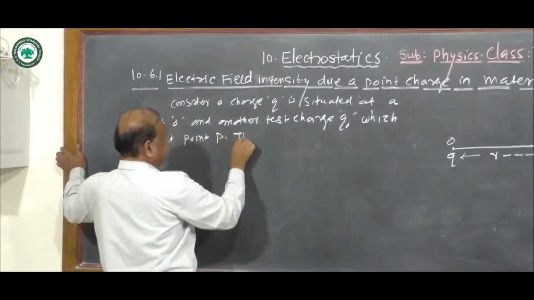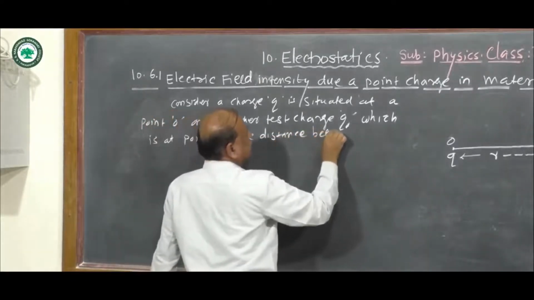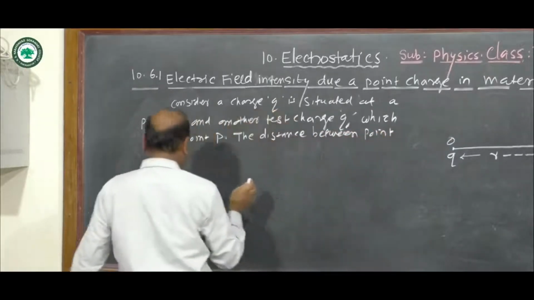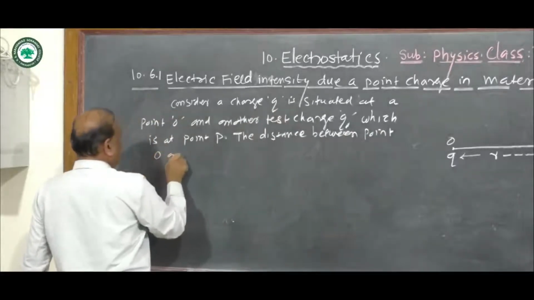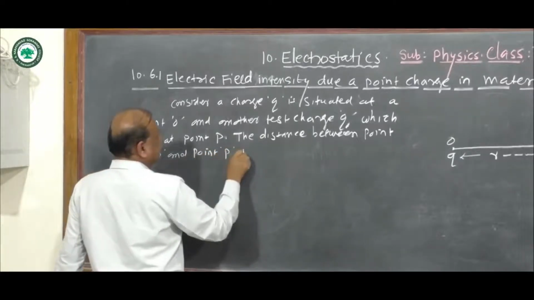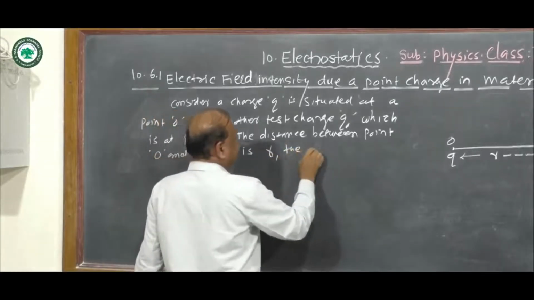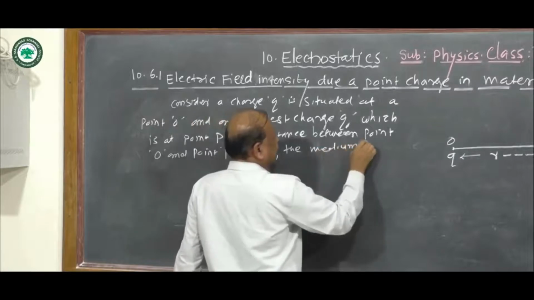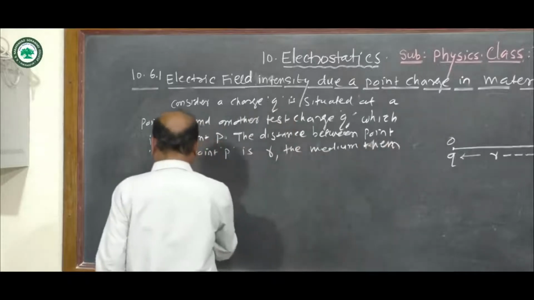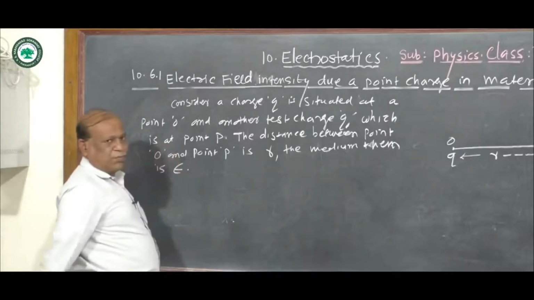At point P, the distance between point O and point P is R, and the medium between them is here epsilon.